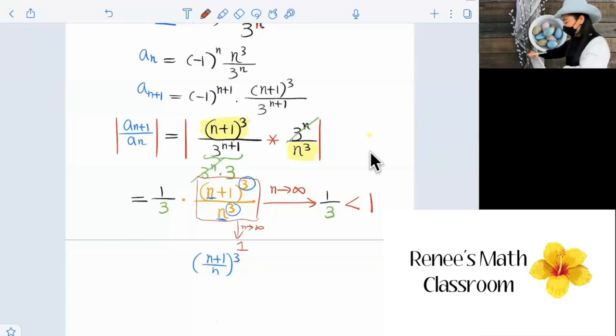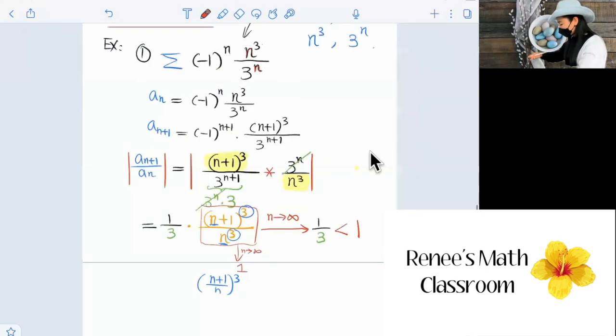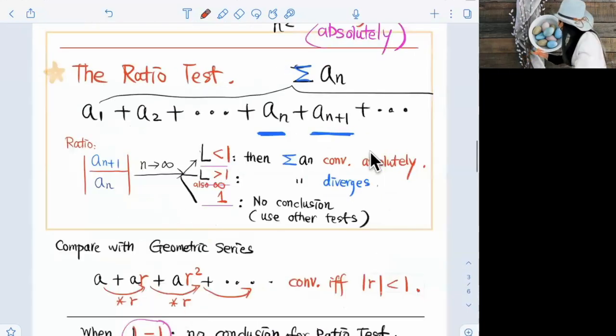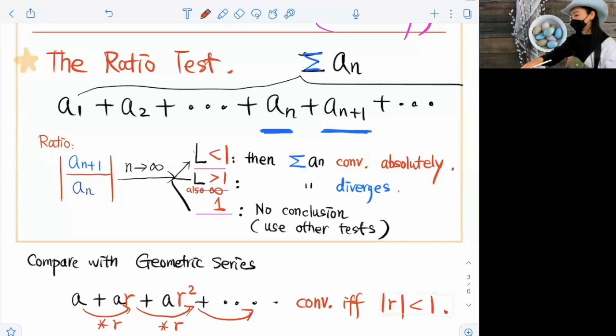Let's go back and revisit. What does the ratio test say? It says that if that limit is less than 1, then the series not just converges, it actually converges absolutely. So you can put down absolutely. That's even stronger.